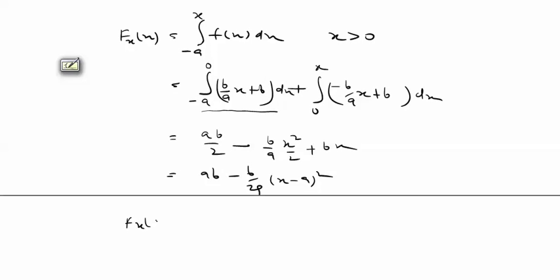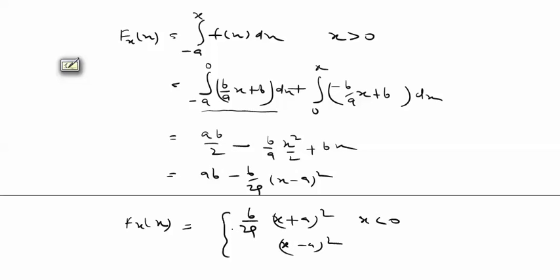So we have two solutions for the CDF of the given function: b upon 2a (x plus a) whole square for x less than 0, and the other with (x minus a) whole square for x greater than 0.